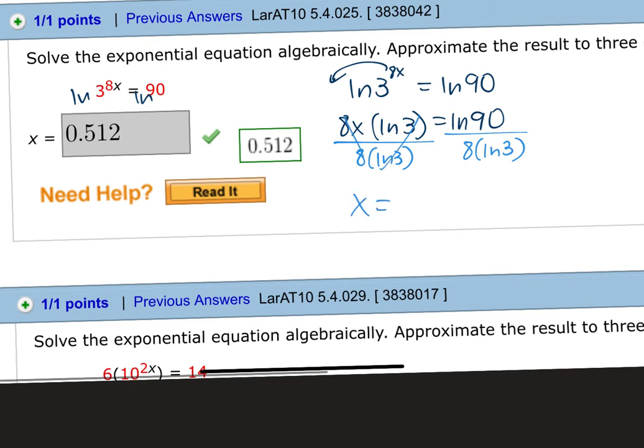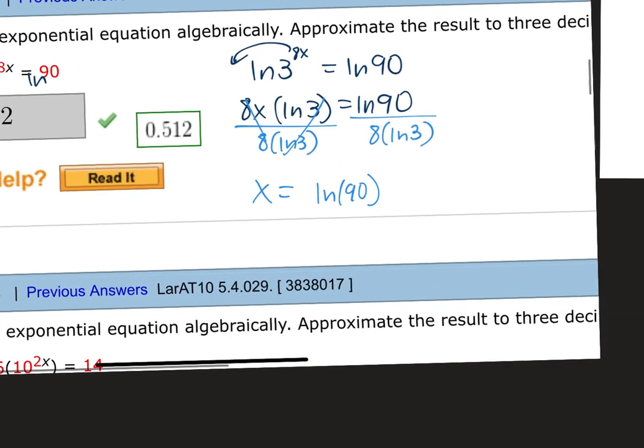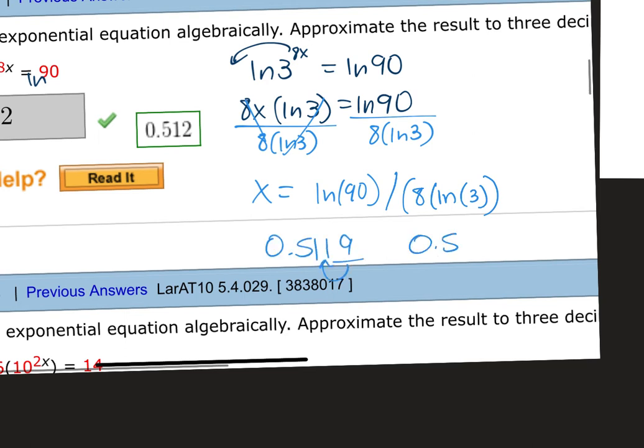That cancels, x equals, and then I'm going to type it in. ln, open the parentheses, 90, close the parentheses, divided by, open the parentheses, 8 times ln, open the parentheses, 3, close them again. So ln 90, close, divided by, open, 8 ln 3. And I get 0.5119. The 9 bumps up the 1 to make it 0.512.